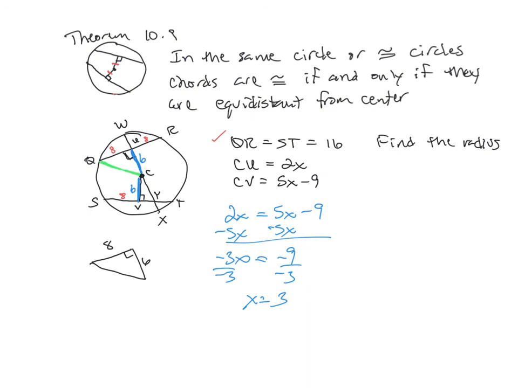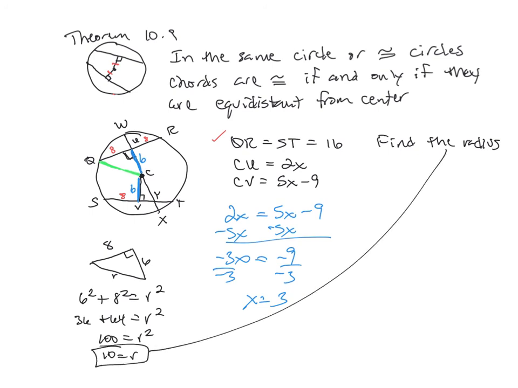So I can do 6 squared plus 8 squared equals the radius squared. Remember, this is r squared. Square root of both sides. And finally, the radius is 10.